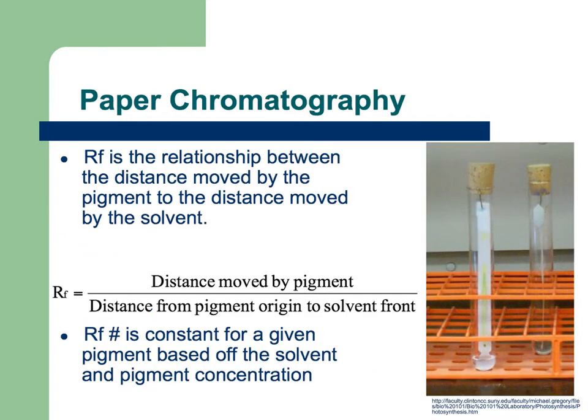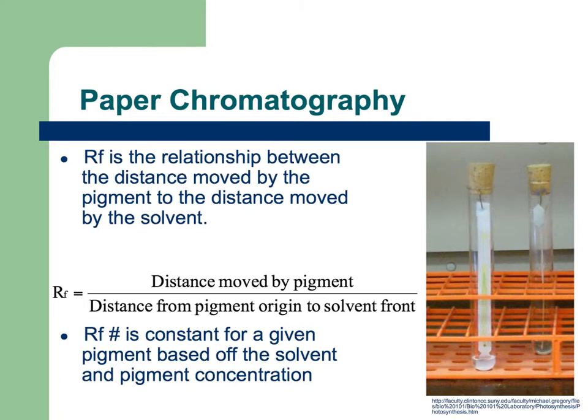So we are going to be calculating the RF, and basically the RF is just a relationship between the distance that the pigment has moved and overall the distance that the solvent has moved. And this is a standard number, so if you were to do this 50 times, you would get a pretty standard number for either chlorophyll A or chlorophyll B. It is a constant.